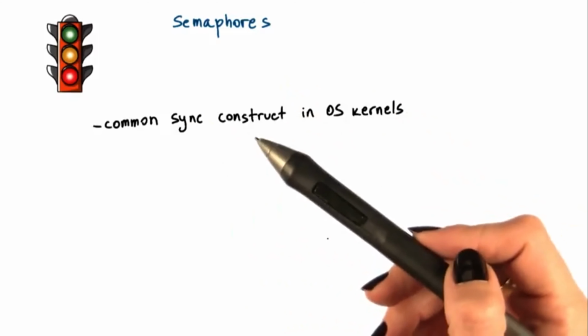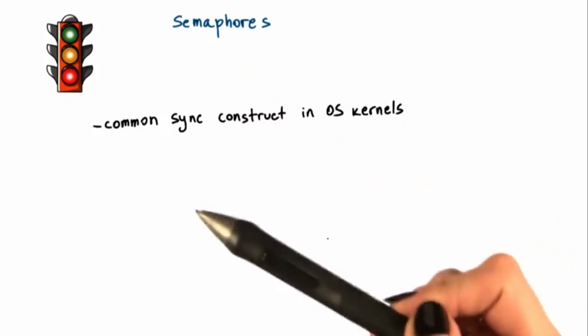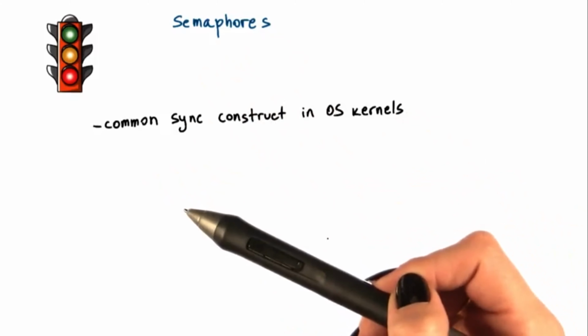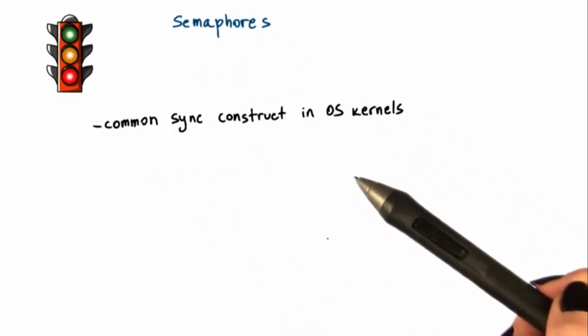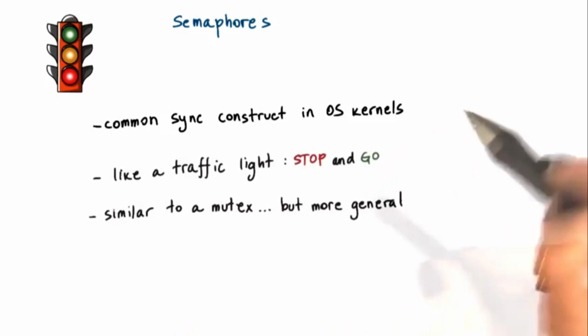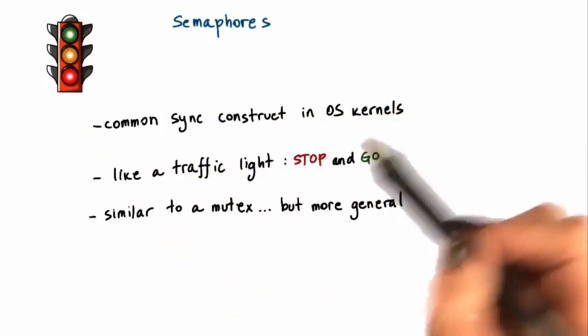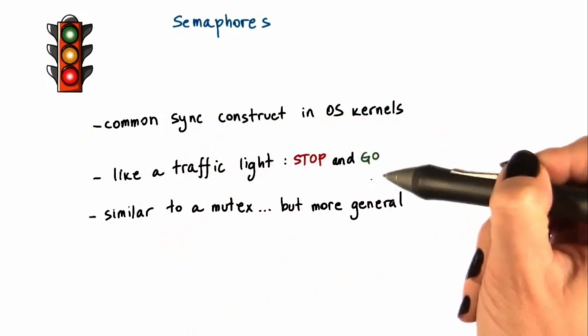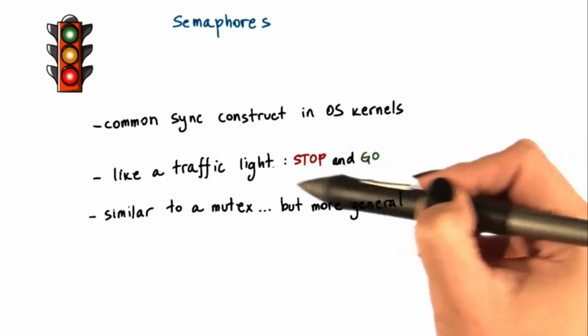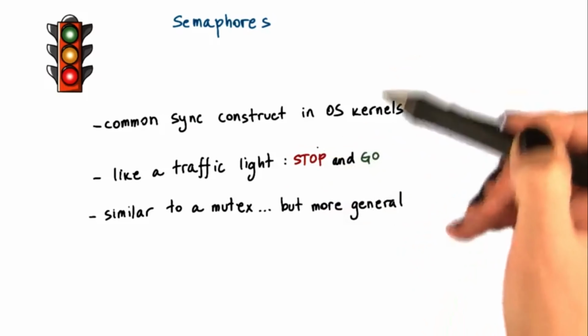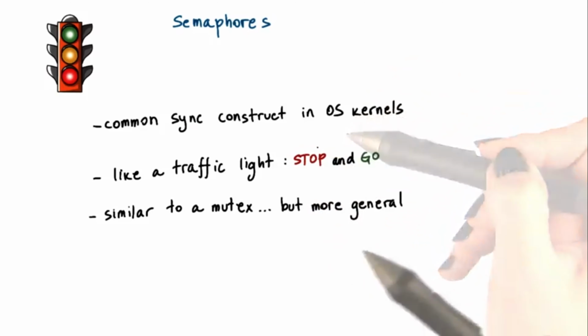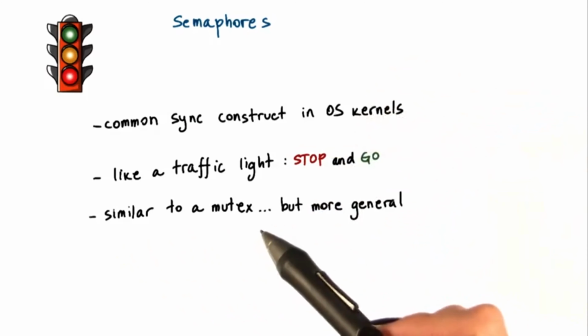The next construct we will talk about is semaphores, and these are common synchronization constructs that have been part of operating system kernels for a while. As a first approximation, a semaphore acts like a traffic semaphore. It either allows threads to go, or it will block them, it will stop them from proceeding any further. This is in some ways similar to what we saw with a mutex.